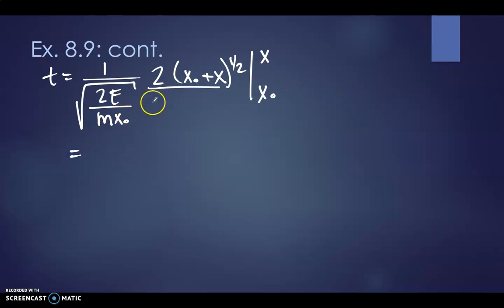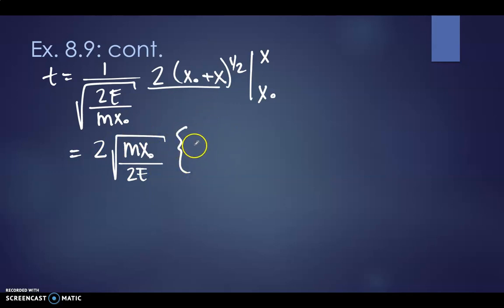So from that we'll get, I'm going to go ahead and pull all of this out so it looks a little bit nicer. So we have 2 times mx naught over 2e square root. And then we'll have x naught plus x 1/2 minus x naught plus x naught 1/2.